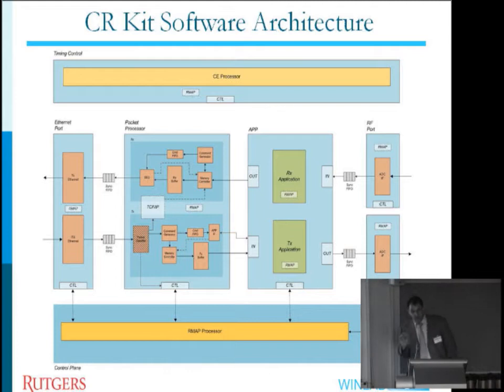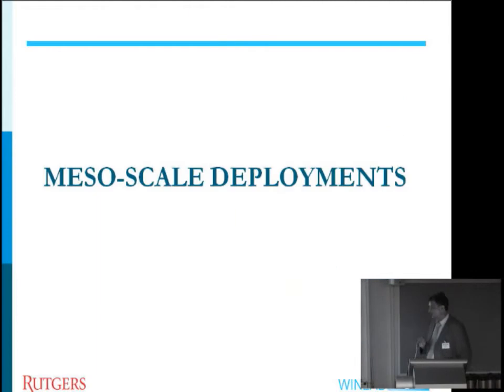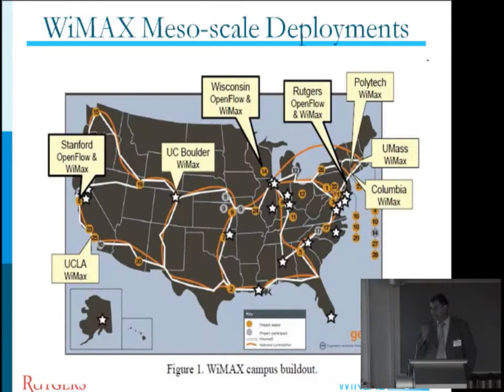And now I just want to quickly go over what we call mesoscale deployments, or what GENI calls mesoscale deployments, which we are sort of part of. The first one is the WiMAX mesoscale deployment. As I said, the idea is to deploy these virtualized WiMAX base stations across 8 campuses in the US, right? And you can see them all listed there. And of course, in GENI world, they will be somehow connected, whether it's done through the internet too or through the overlay.